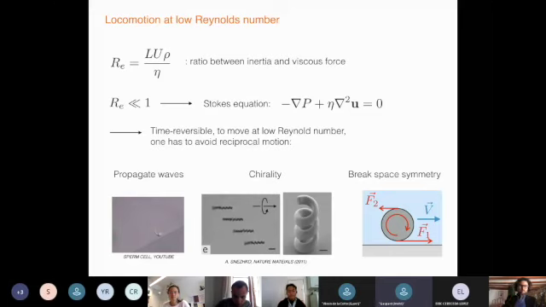So for example, here you can move helices, so magnetic helices, by rotating them, and they move thanks to their chirality. And you can also move by breaking space symmetry. So here it's a sketch of a colloid that rolls on top of a surface, and due to the fact that the friction force is higher close to the surface than far from the surface, you have a different friction, and this leads to a net motion of the colloids.